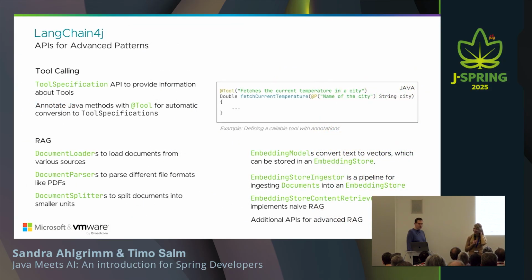How does LangChain4j actually support implementing tool calling and retrieval augmented generation? Yeah, so in LangChain4j, we have rich help here. For instance, on the high-level abstraction, we can use the add tool annotations. And then it's very easy to do the function calling or tool calling. I also have it in the code later. And also for RAG, there are a bunch of services that help me do the job of first splitting the document.